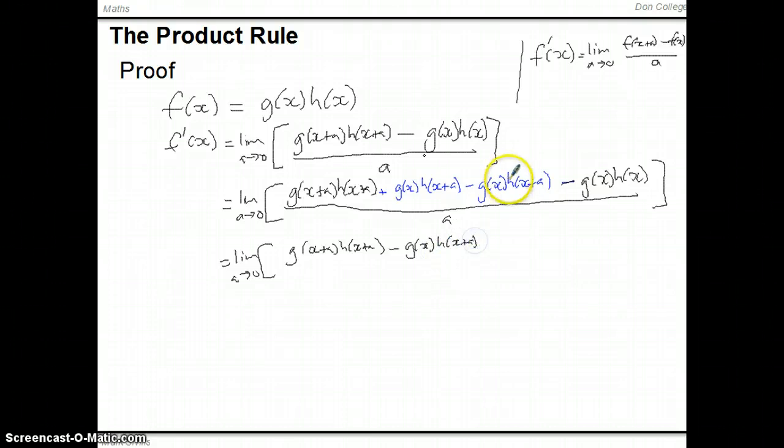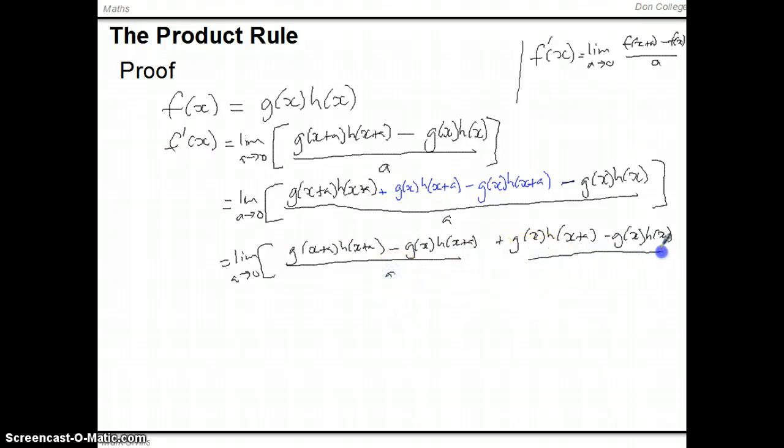I'm going to borrow that one, put it with this one, and then put the other one together, g of x times h of x plus a, minus g of x, h of x. Now you'll notice that all of this is divided by a, so I could split this up and say that's all over a and that's all over a, and I've got these two separate terms now.